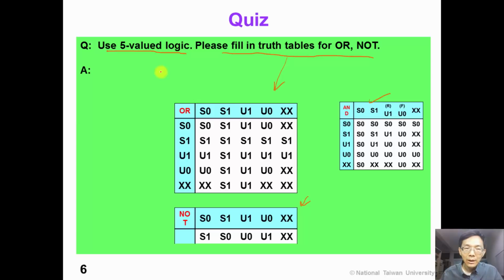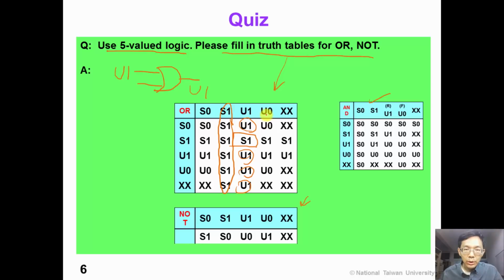Okay, have you finished yet? For a 2-input OR gate, 1 is a controlling value. If one input is static 1, then all the output will be static 1. If one input is U1, then the output would be U1, except that the side input is S1.